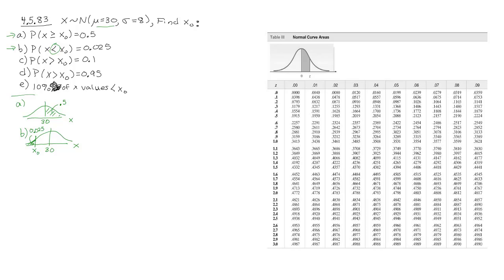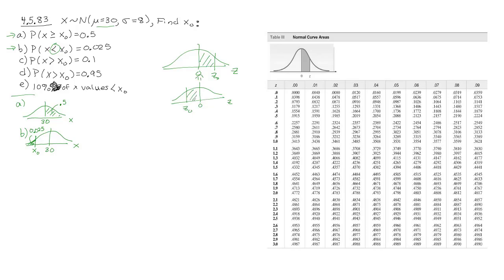We're told the area to the left is 0.025, but our table, if we look at z-scores, always gives areas between 0 and some z value, like this. Because of symmetry, we could even use this table for negative z values as well, when z is less than 0.